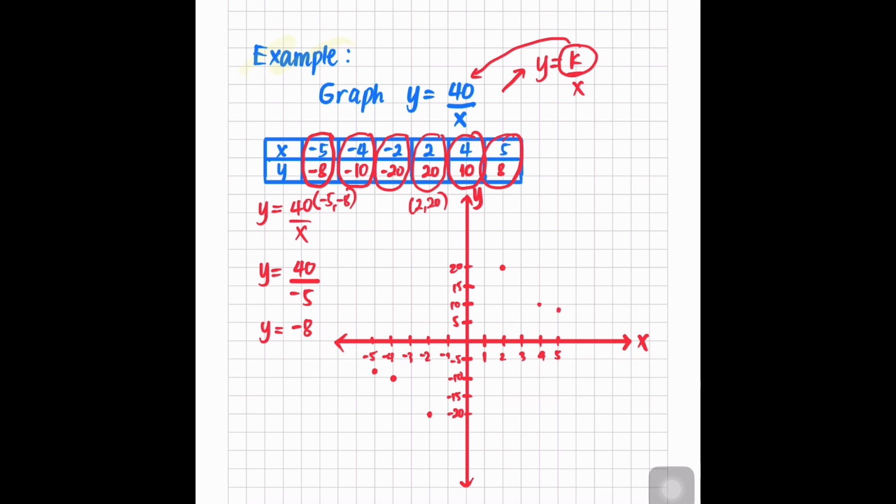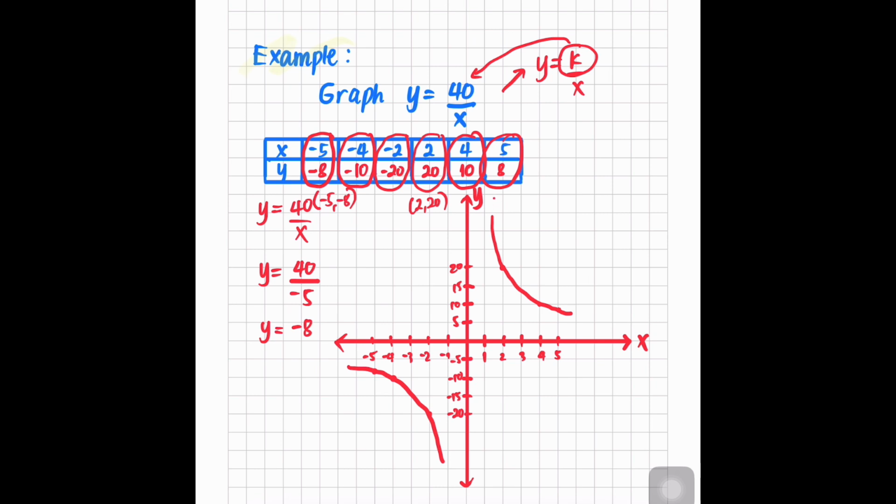And we just simply connect the dots. Now for inverse proportion, the graph is actually a curve. You can connect the dots and show the graph right here.